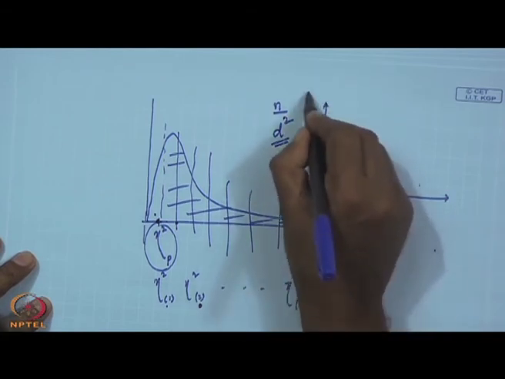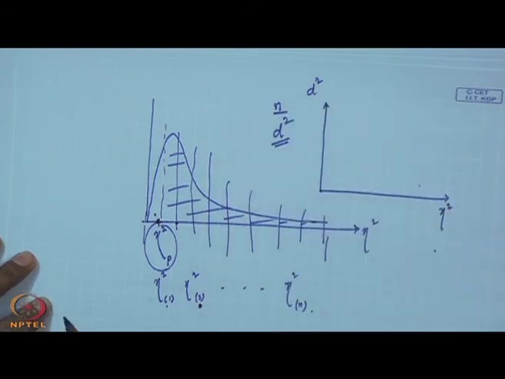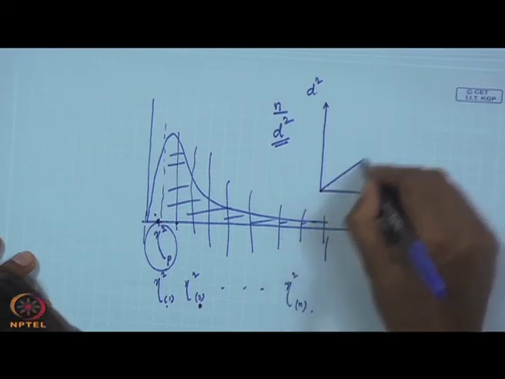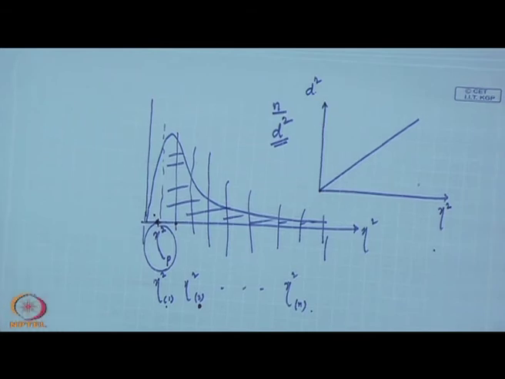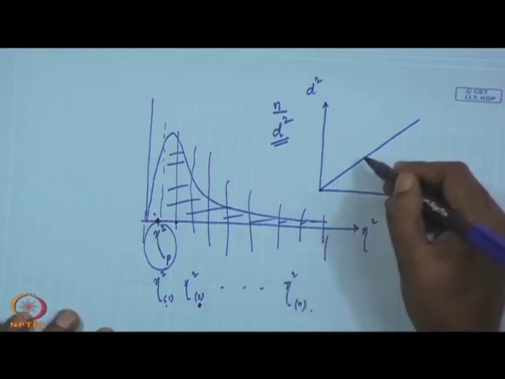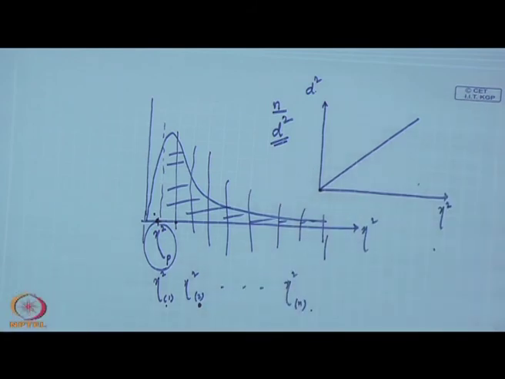If you plot d_i squared on this side and chi-square on this side, you will get a straight line like this, a linear relationship.